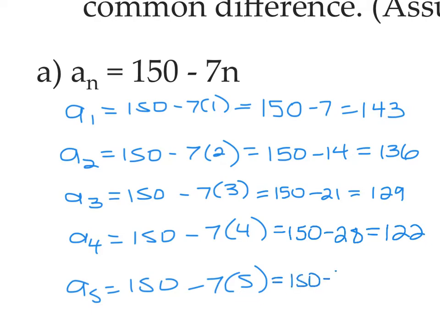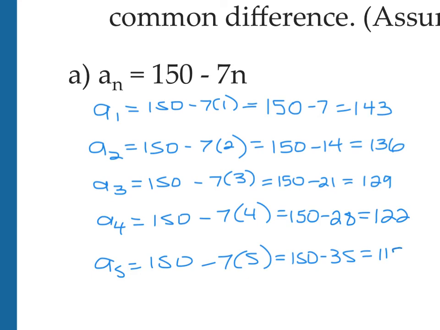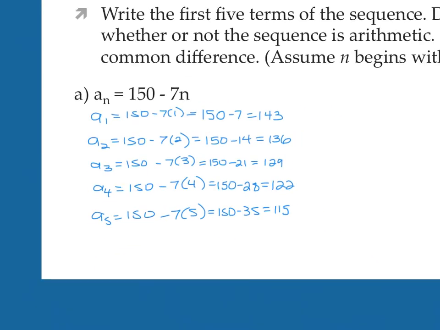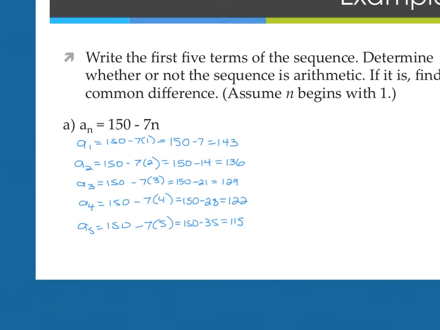And 150 minus 35, 115. So those are the first 5 terms of the sequence. That's the first part. 143, 136, 129, 122, and 115.